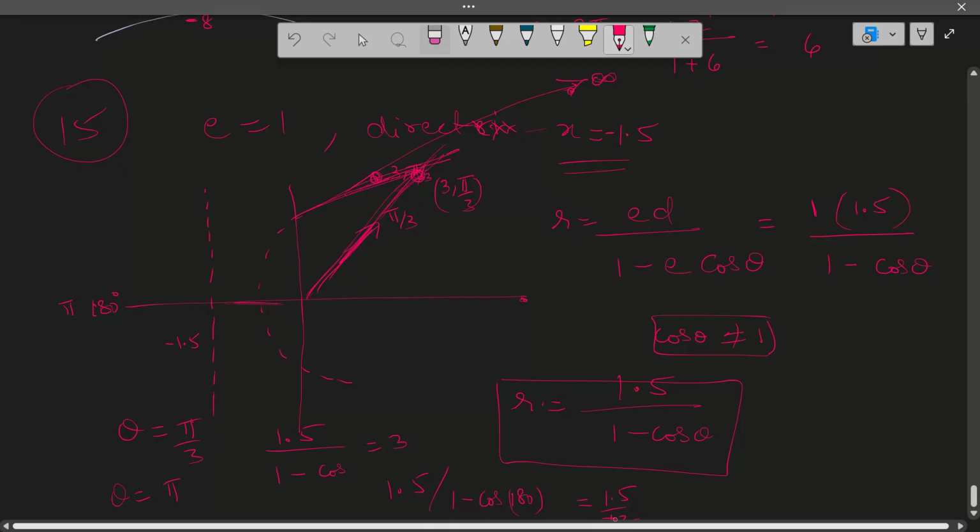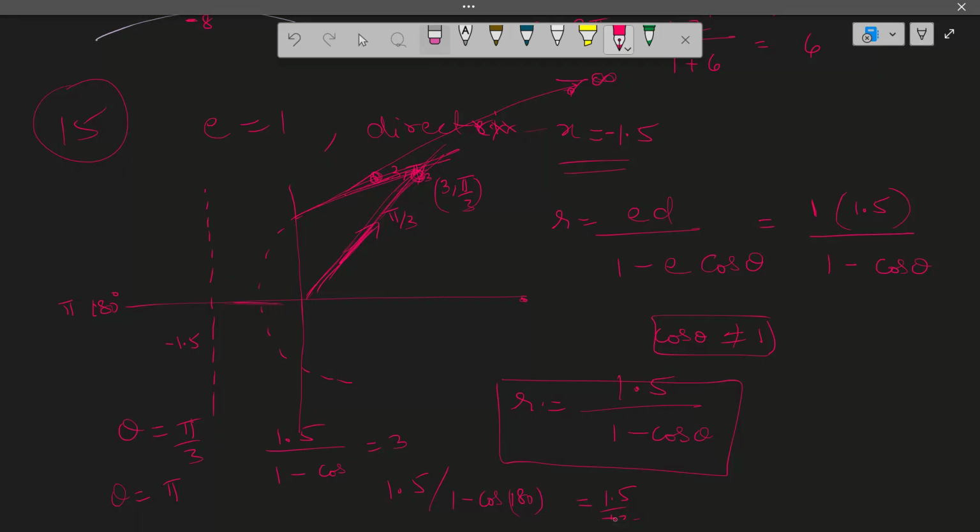No, positive 2. So let me put that, 1.5 divided by 2. So that's going to be 0.75. So in other words, this point here, approximately the vertex point, is going to be 0.75 comma pi. This is going to be 0.75 pi. That is good enough. We have 2 points there.